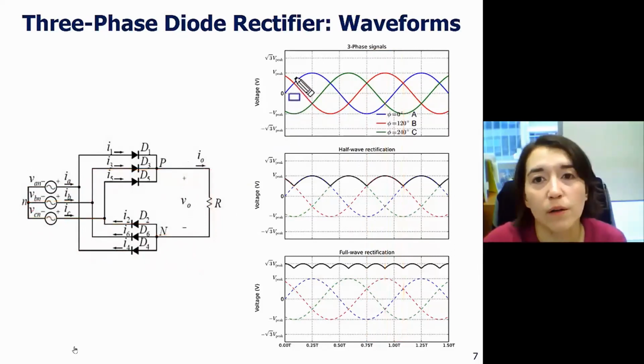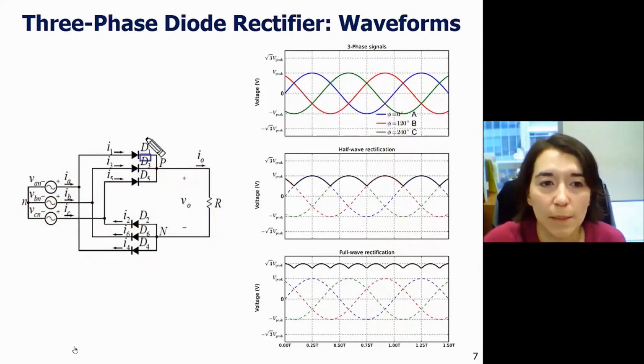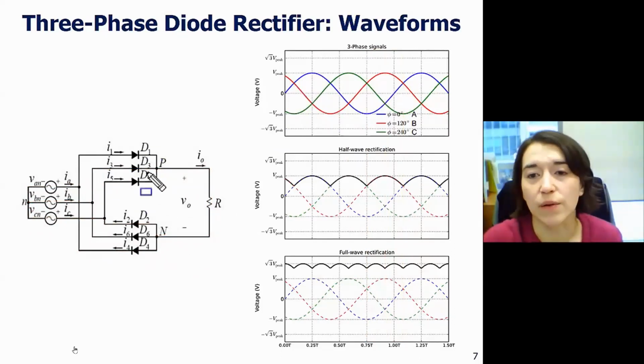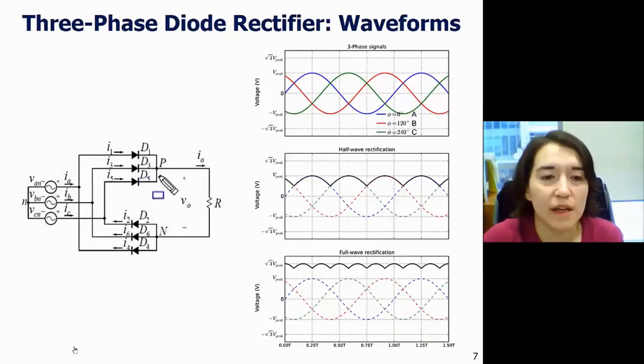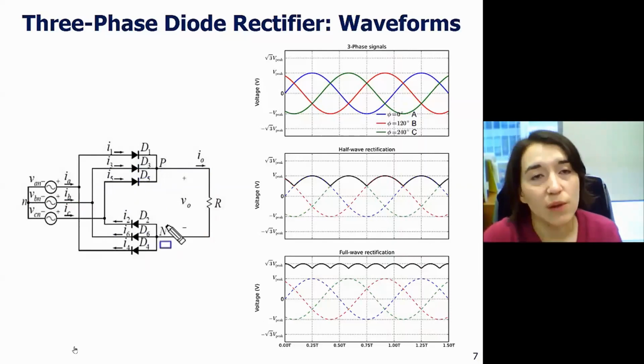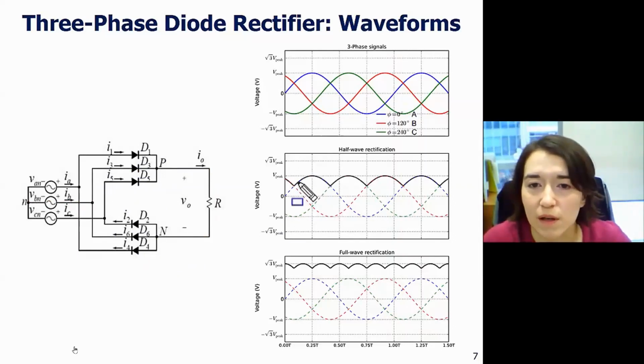So after going through all of the 6 phases, we've seen that the top part, these 3 diodes, essentially make the highest voltage go through, and then these 3 diodes make the most negative voltage be seen at the bottom side. So in this picture, you can see the positive voltage is shown here.